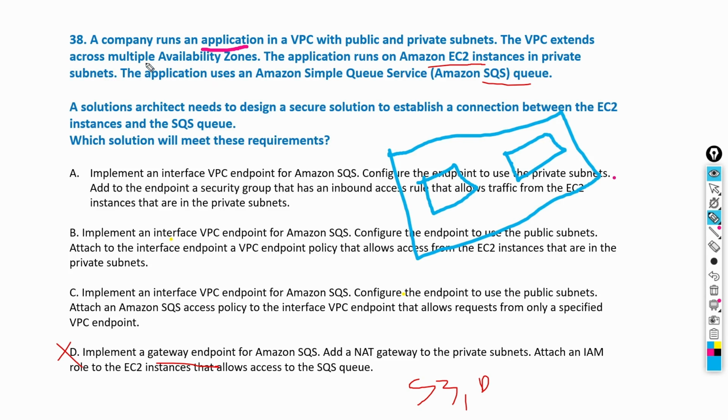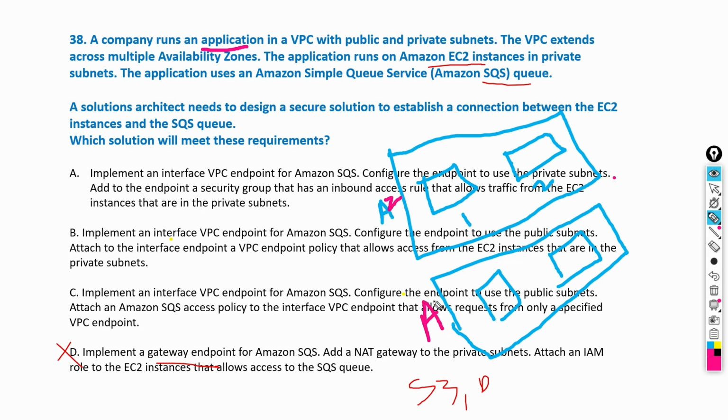Tier 1 and tier 2. It is multi-tier, and multi-AZ means more than one availability zone. Similarly, we can deploy a second one. So this is availability zone 1 and 2, tier 1, tier 2. Here AZ1, AZ2.